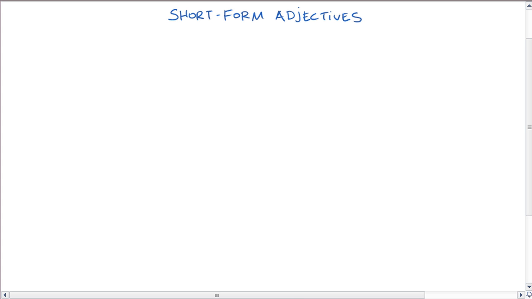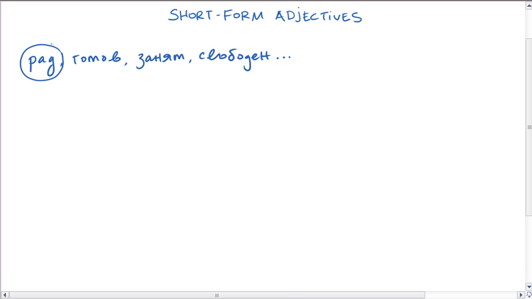So the short form adjectives that you've already come across are ones like рад, готов, занят, свободен, right? And as you can see, they're all a shorter version of a long form adjective, except for рад, which only occurs as a short form.